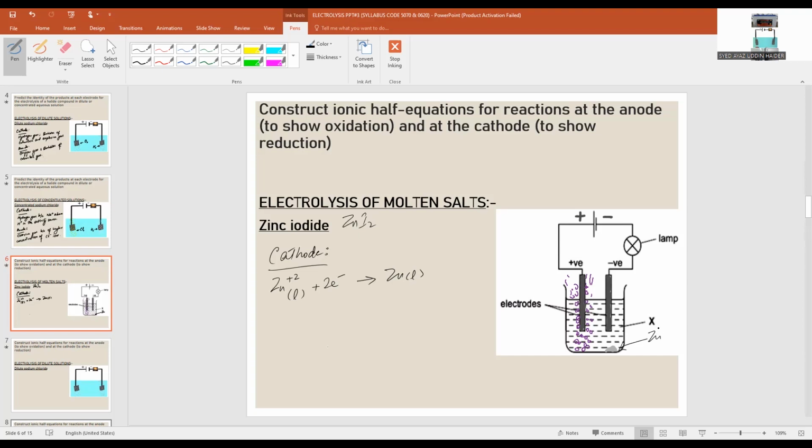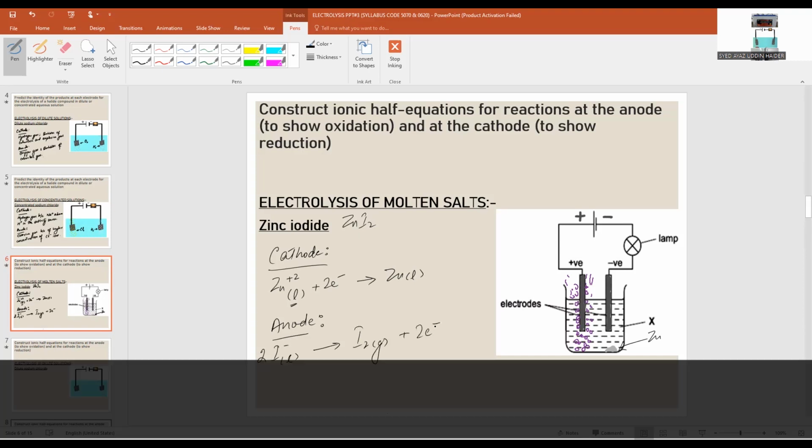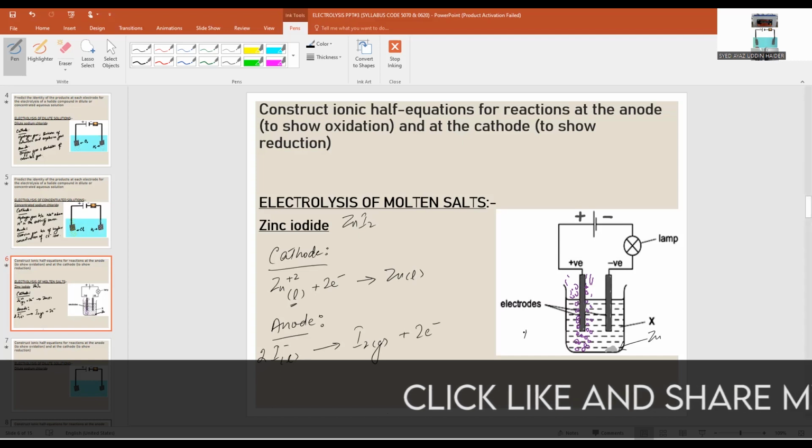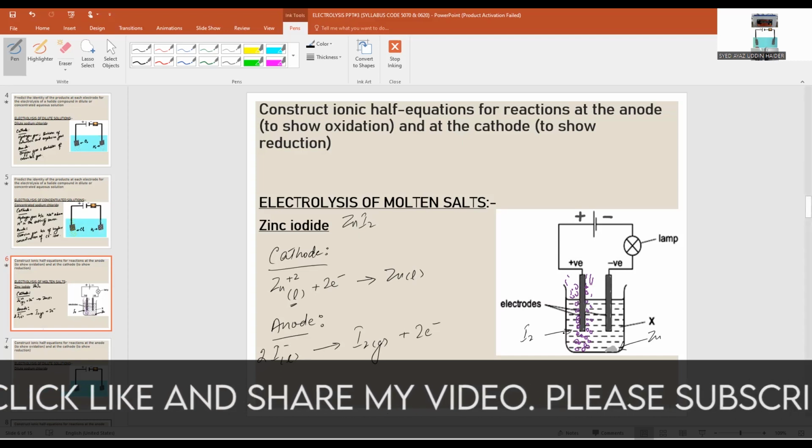You have to write l for the molten ions. At the anode, there will be loss of 2 electrons by iodide ions to release purple fumes of iodine molecule like this: 2I- (l) gives I2 (g) + 2 electrons. So these are purple fumes of I2.